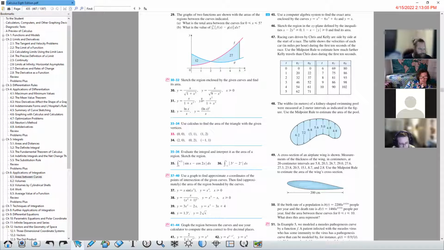Let's start with number 30. We're going to sketch the region bounded between y equals x over the square root of 1 plus x squared, and y equals x over the square root of 9 minus x squared, where x is greater than or equal to 0.